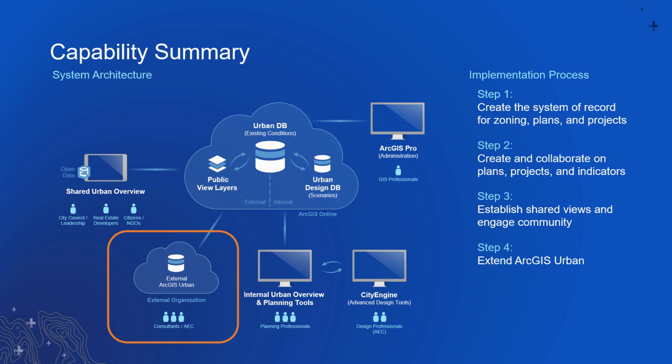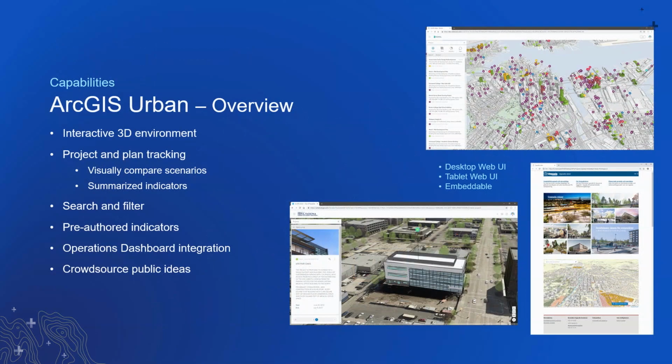And then if you imagine other people that you're collaborating with, for instance, architecture, engineering, construction companies, who are proposing projects or doing proposed design, can reach in and touch that database, make their own versions of plans and projects, and then share those out as well. So it becomes a collaboration tool around the whole development pipeline. So that's the rough structure of ArcGIS Urban in terms of a database.